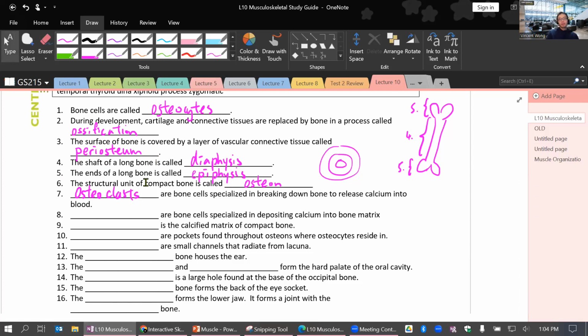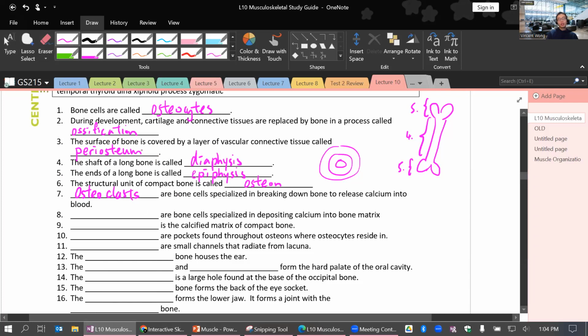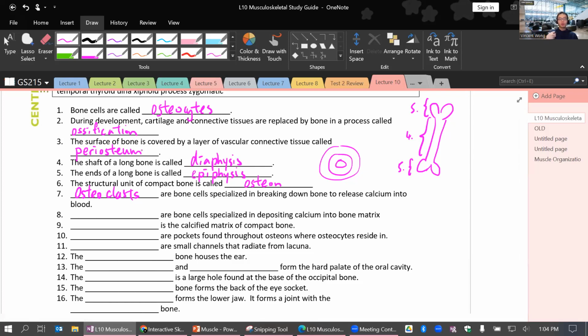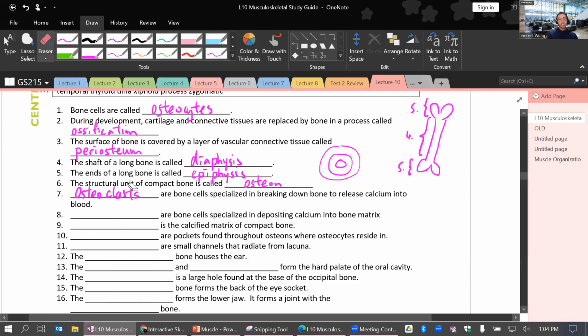PTH is correct because when you don't have enough calcium, PTH will help you take the calcium from the bone, right? And so PTH will stimulate the osteoclasts to break down the bone and get the calcium back into the blood. The other one that deposits the calcium into the bones would be the osteoblasts. Okay, osteoblast.